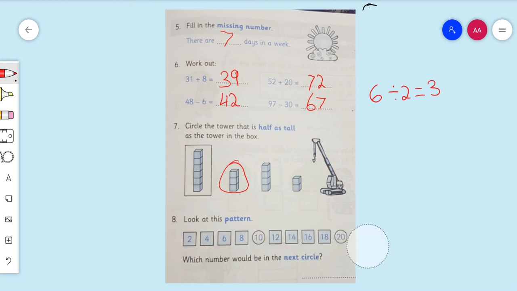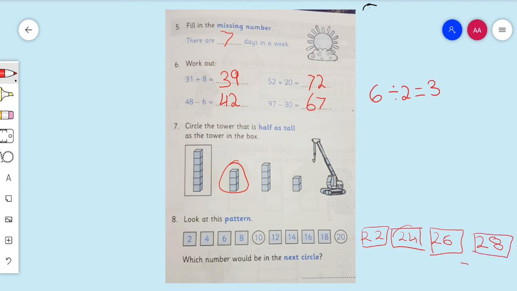The pattern you can see is going in the 2 times table, and the circled ones are going in the 10 times table. So let's continue the pattern. It's 22 in a box, and then 24 in a box, and then 26 also in a box, and we need to put 28 in a box too.